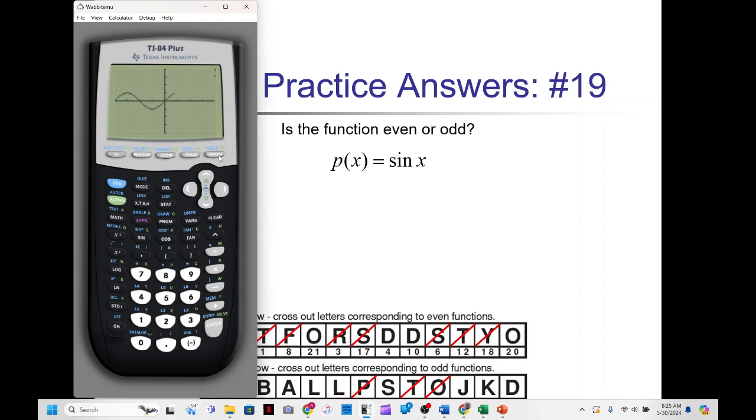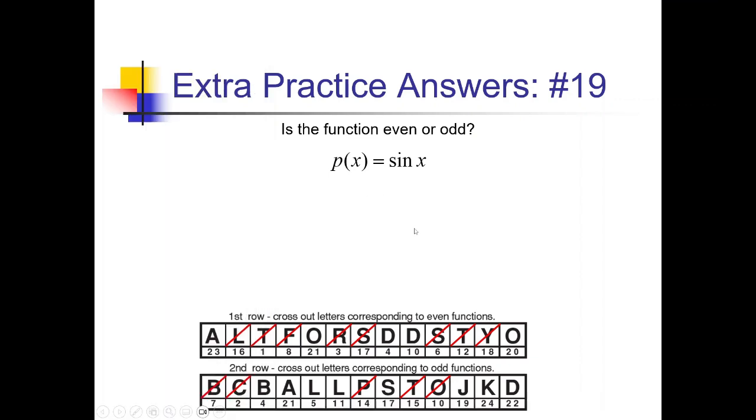Here's sine of x. We no longer have y-axis symmetry. However, if you were to rotate this 180 degrees, you would get the same shape. So we've got origin symmetry then, which means, since we have origin symmetry, this is an odd function. So we're going to cross off something in the bottom row above 19. Here it is, j.